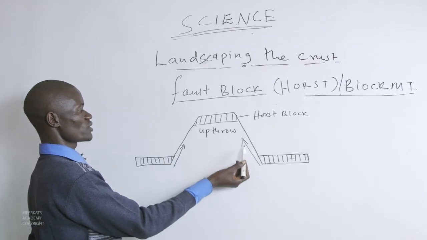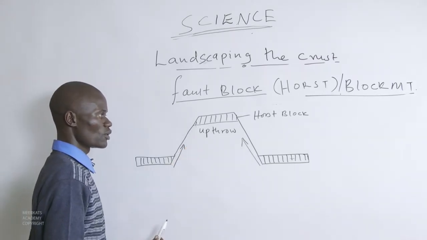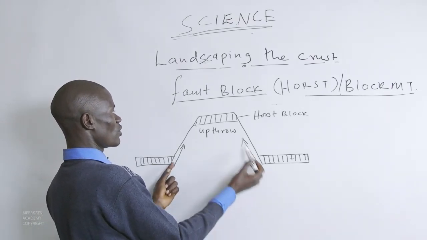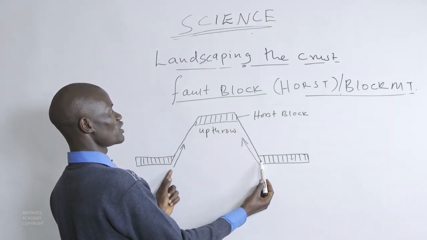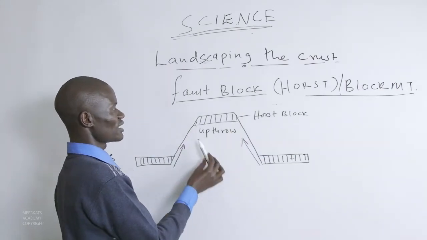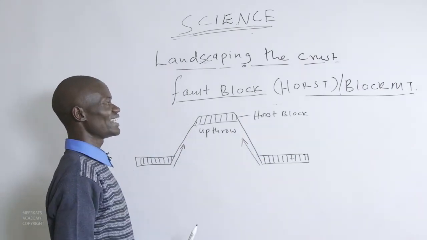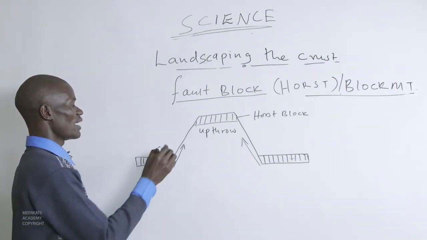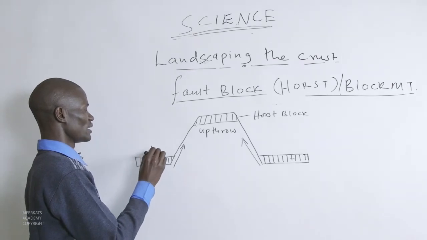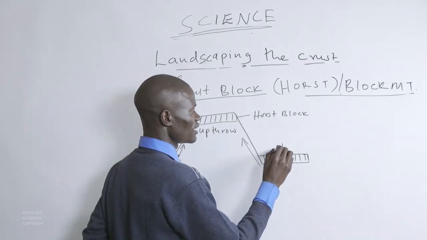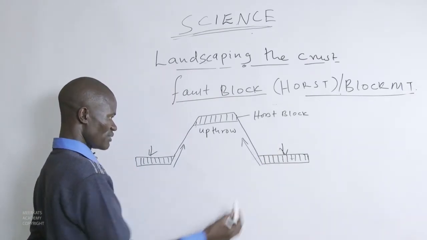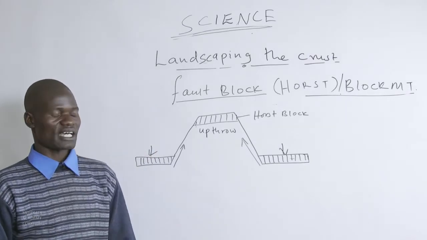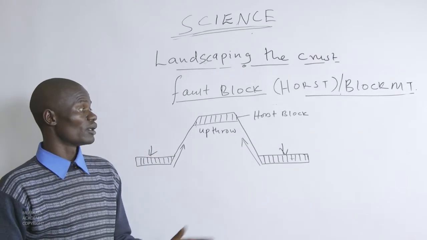Because of these forces that have worked upon these crustal rocks, this bit that was here has been pushed upwards, leaving an outstanding block that is referred to as a horst block. And when you look on each side, we will have the downthrow. Maybe they will remain in this manner, forming various types of block or block mountain.